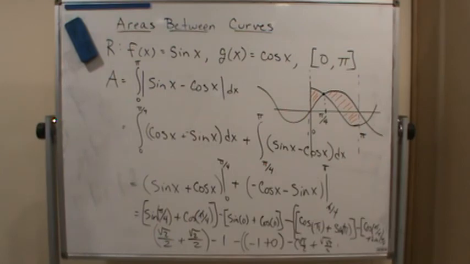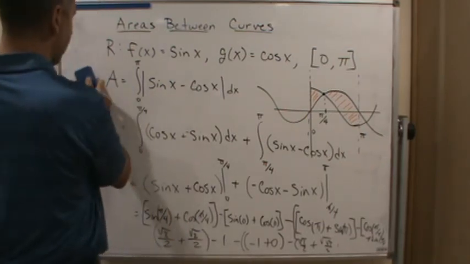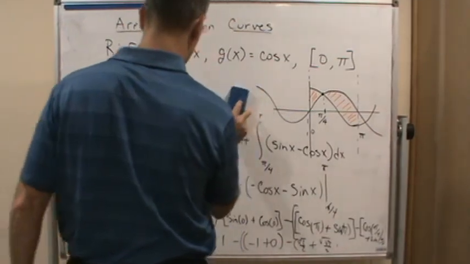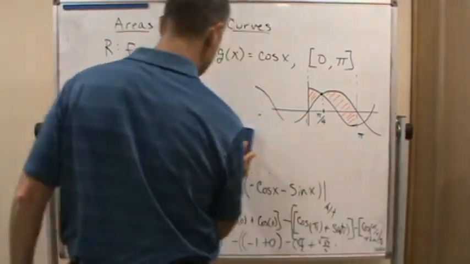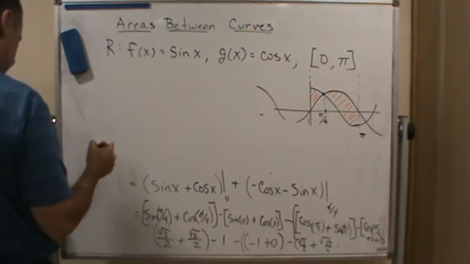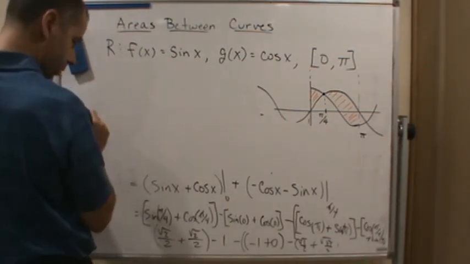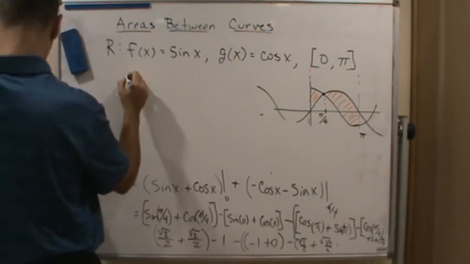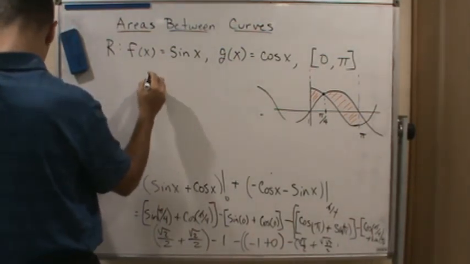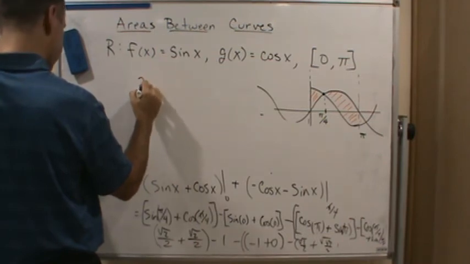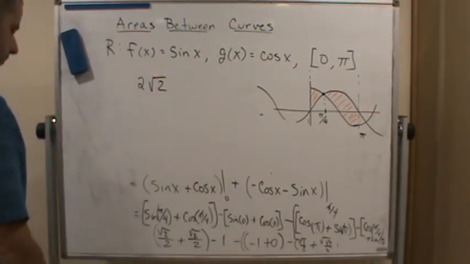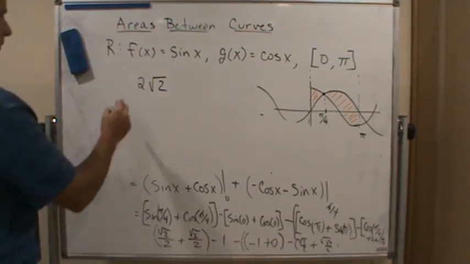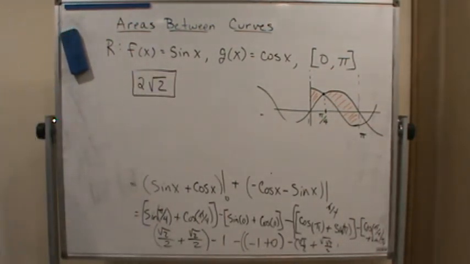So your final answer is two square root 2. Again, take your time and make sure you put in the correct values. Apologize for my chicken scratch at the bottom there, but I wanted to give a little more detail than the textbook does.